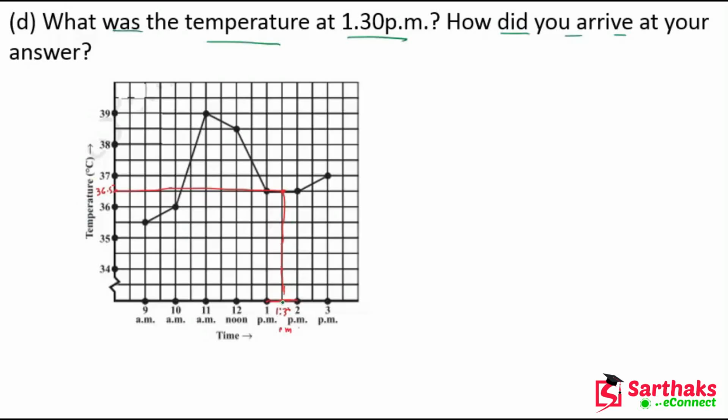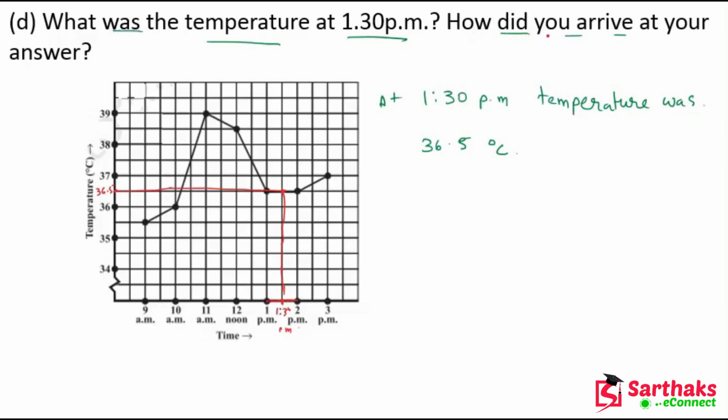So at 1:30 p.m. the temperature was 36.5. So we can write, at 1:30 p.m. the temperature was 36.5 degrees centigrade.